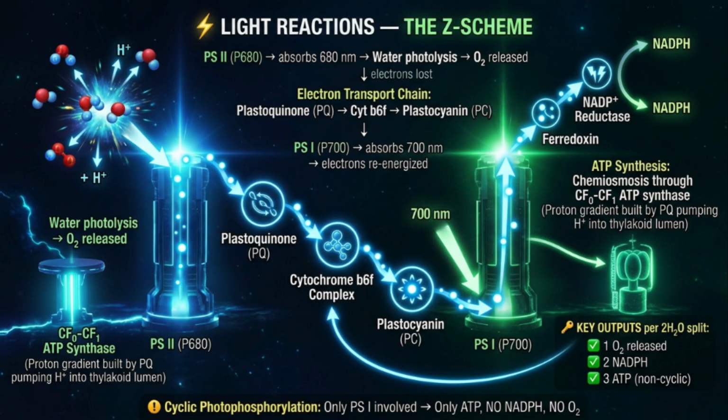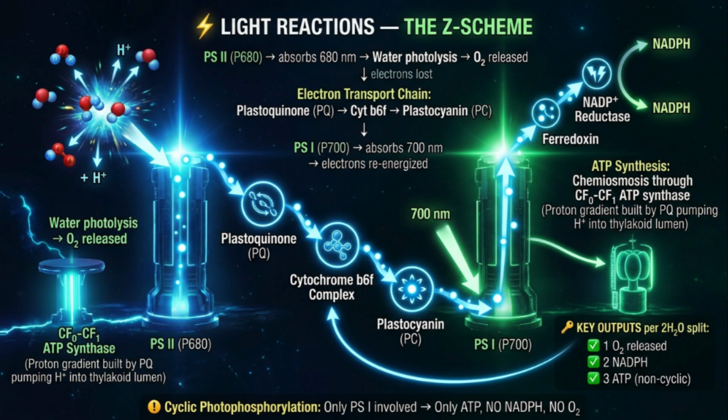The process is called chemiosmosis. The electrons then reach photosystem 1, reaction center P700. Here they get a second boost of energy from light, travel through ferredoxin, and finally reduce NADP+ to NADPH via NADP reductase. So the outputs of non-cyclic photophosphorylation are ATP, NADPH, and oxygen.